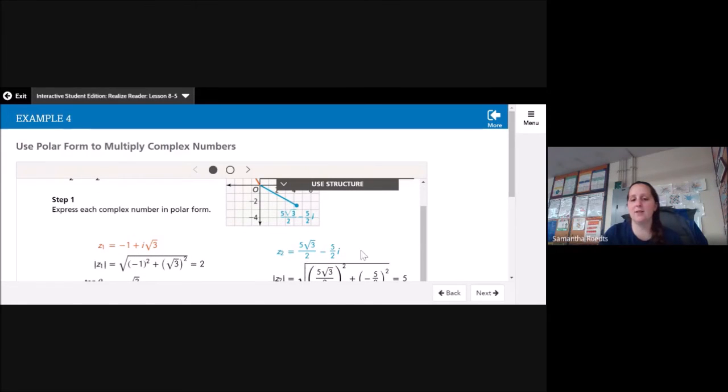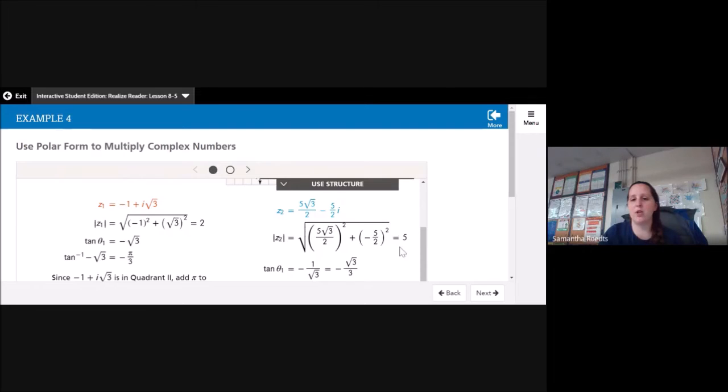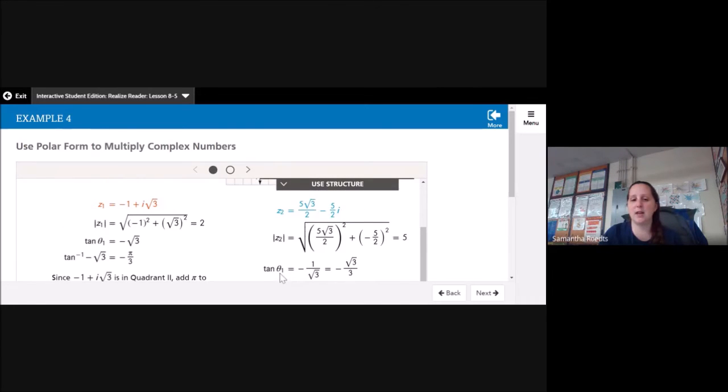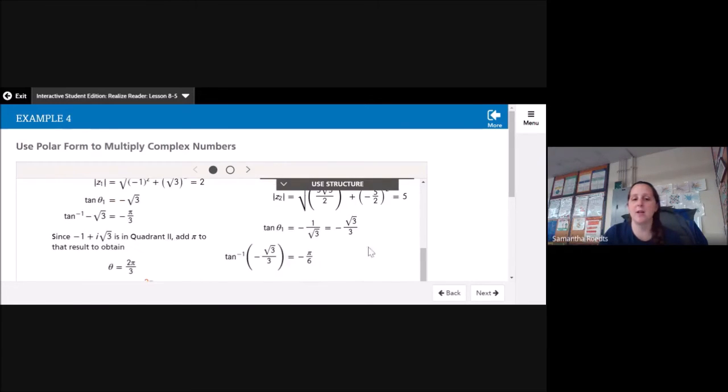Then I have this one, I square each and end up with 5. Tangent theta sub 1 equals negative 1 over square root of 3. Remember, I'm taking the sine divided by the cosine and simplifying it, so I get negative square root of 3 over 3.